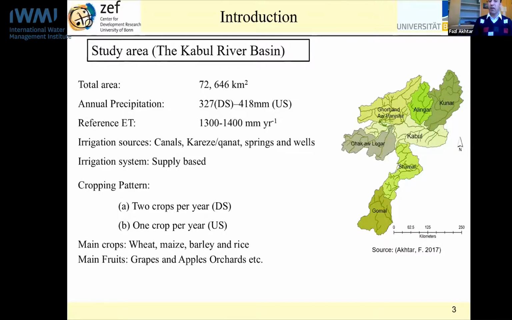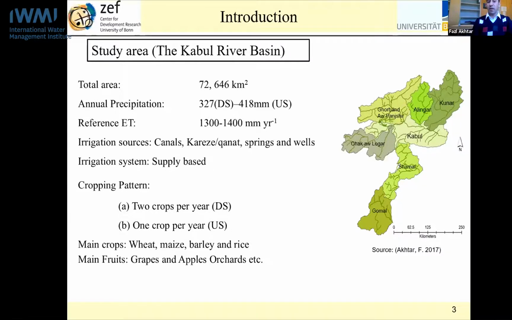While the upstream region is at high elevation, the growing degree days are much fewer compared to the downstream, so we grow one crop per year there. Not only this, there is heterogeneity in temperature, elevation, precipitation patterns, and so on.